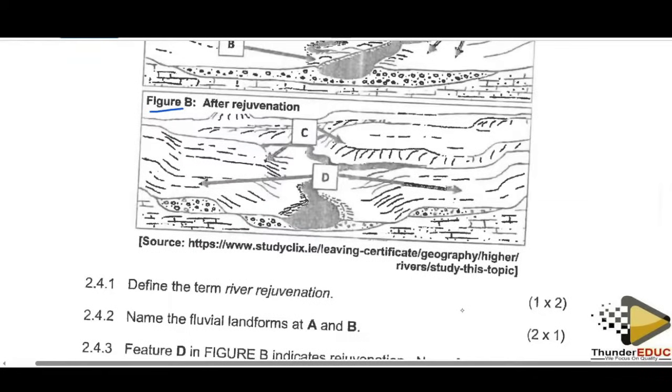a river gains energy. Erode vertically again.